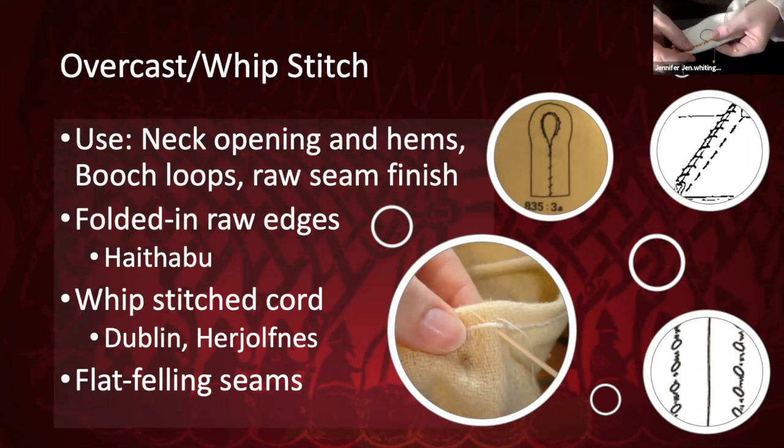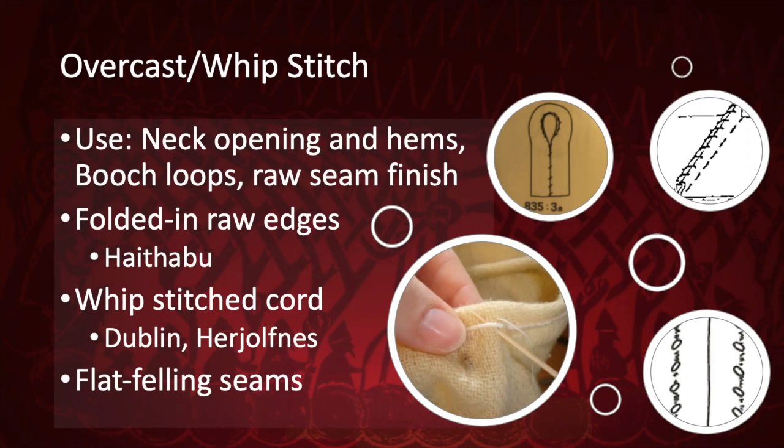Okay. So I'm going to show this one. You don't have to do this one, but I'm going to show you laying in this yarn with the overcast stitch. So I am just laying this down, and this is a raw edge. So I'm doing a hem.